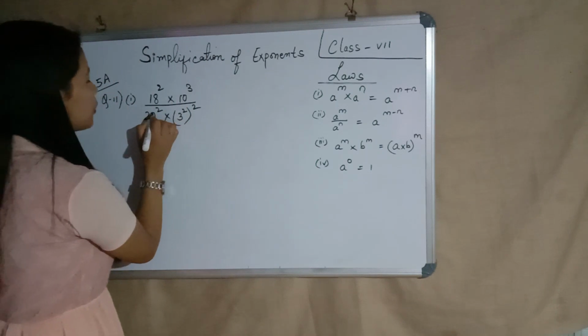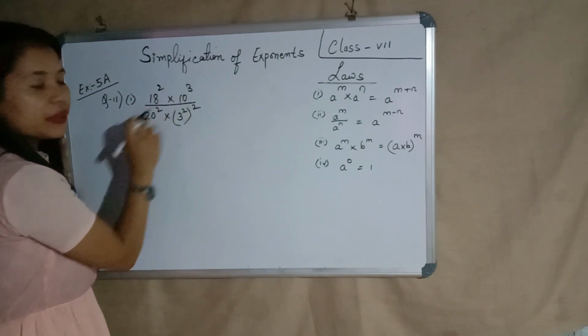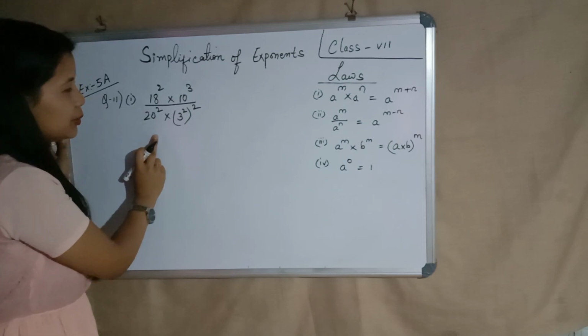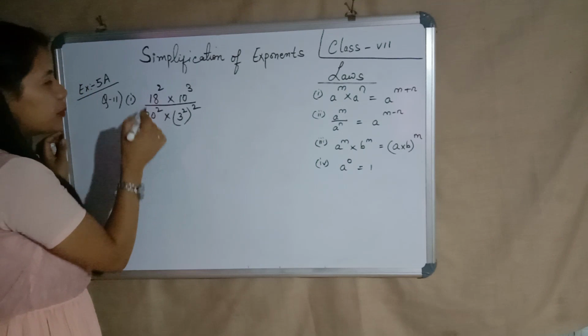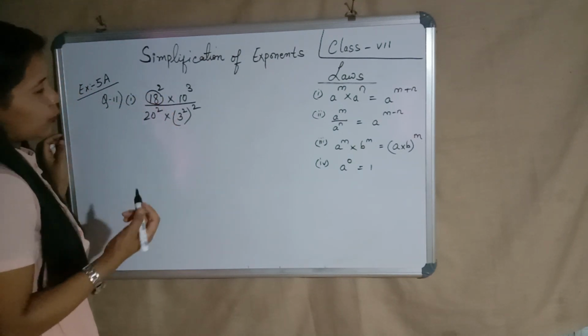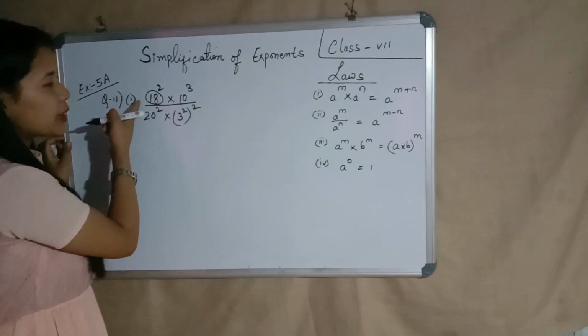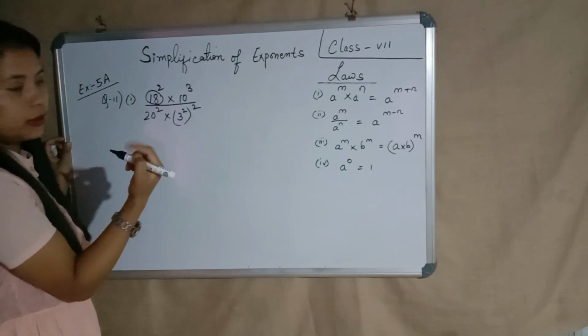So if we look at the question here, the base looks very big, okay? So our first thing when we do the simplification would be expressing this number in exponential form, okay? So we have already learned how to express this number in exponential form, that is by prime factorization method, okay?